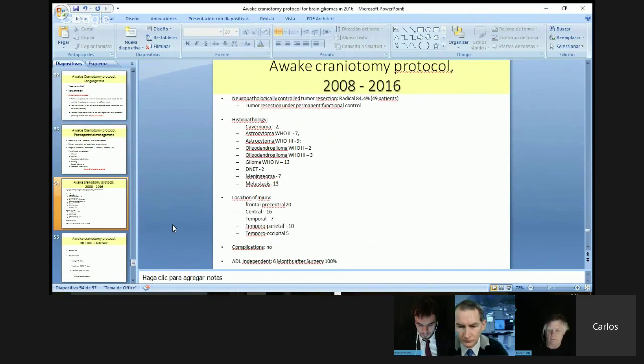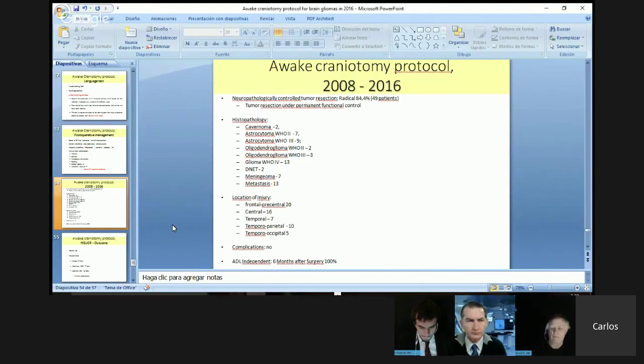From 2008 to 2016, we had neuropathologically controlled tumor resection, with radical resection in 84.4%, under permanent functional control. Histopathology covered normal, astrocytoma grade 2, astrocytoma grade 3, oligodendroglioma grade 2 and grade 3, glioblastoma 13, DNET, meningioma, and metastasis.